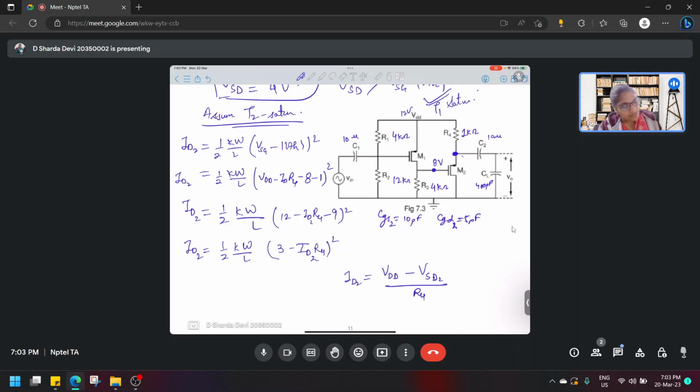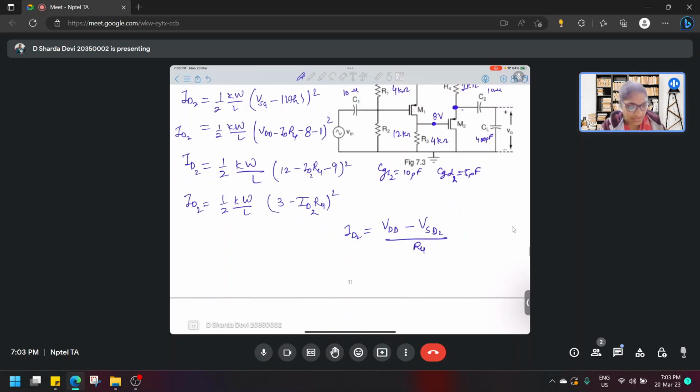So we can substitute this over here and we can simply solve. That way also it will work. So if we substitute and solve, we'll directly get the values of VSD. If we go ahead and substitute, we'll get two values of VSD.